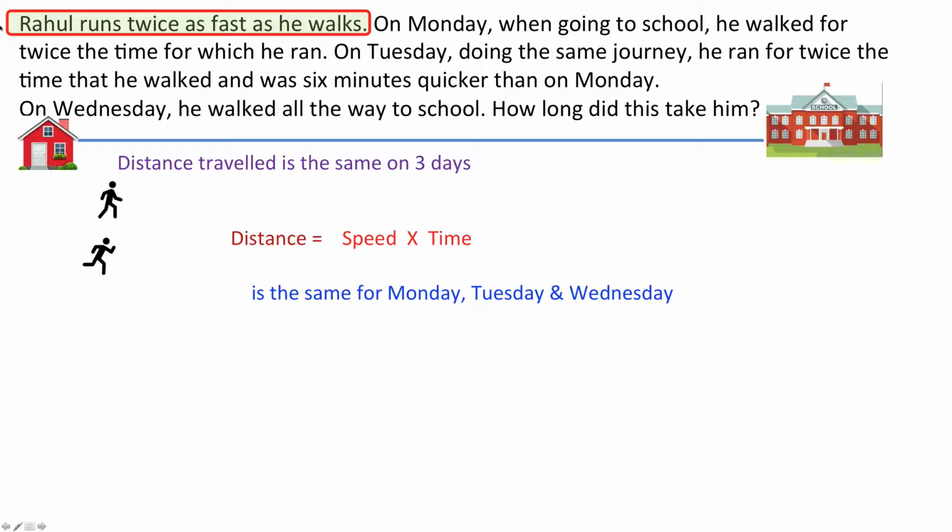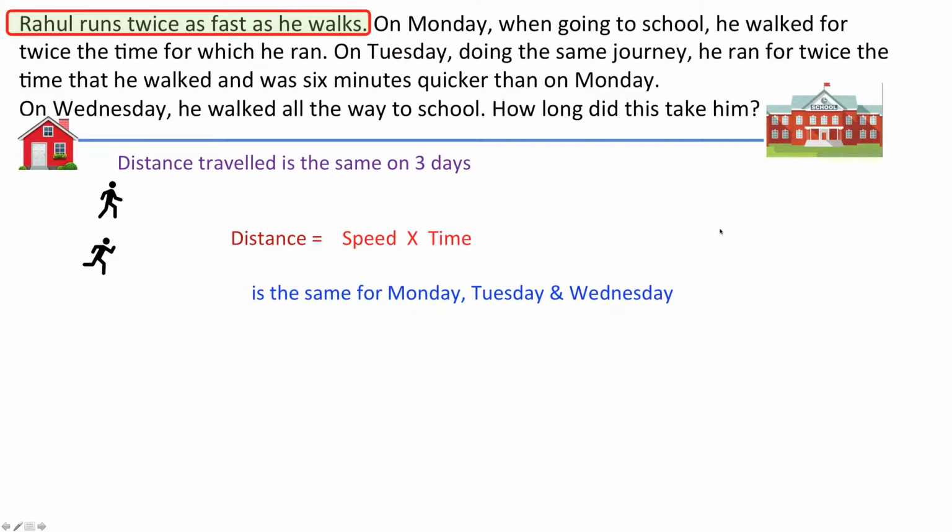All that we know is that the speed of running is twice that of walking. We also don't know how much distance he covers from house to school, or how long it takes on each of the 3 days. So basically, all of it is unknown. There's nothing known about any of these three variables: distance, speed, and time.